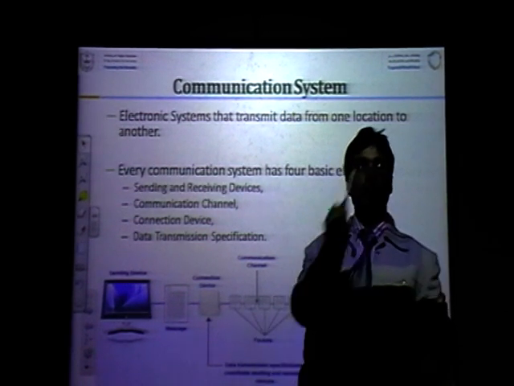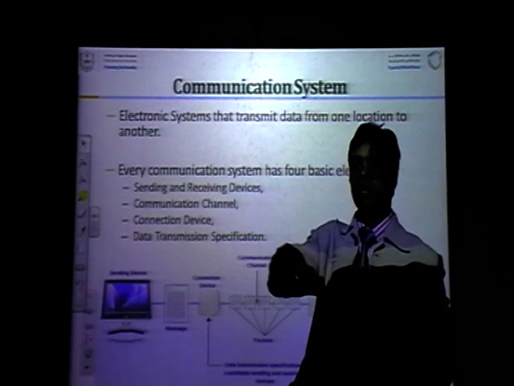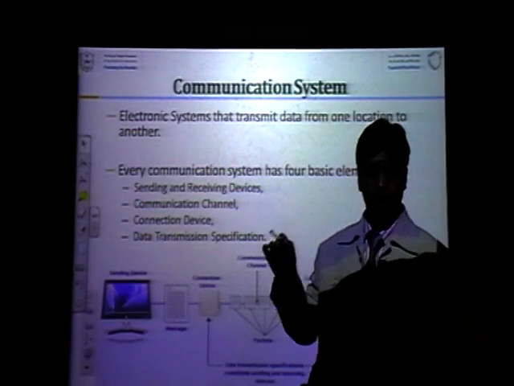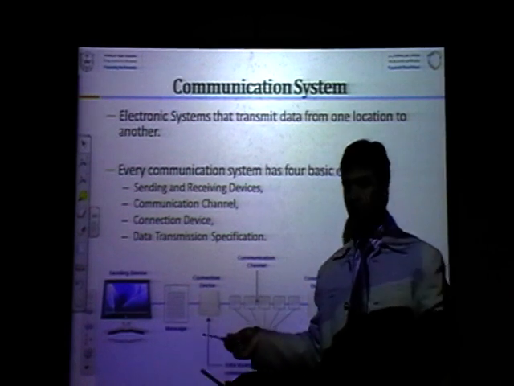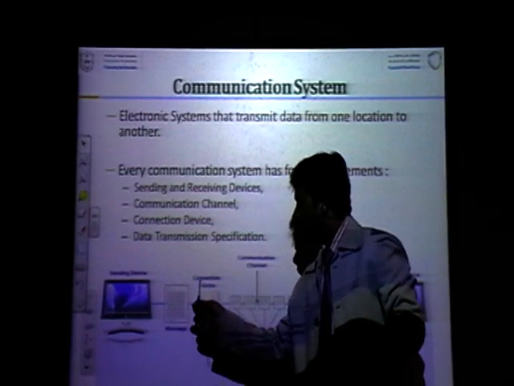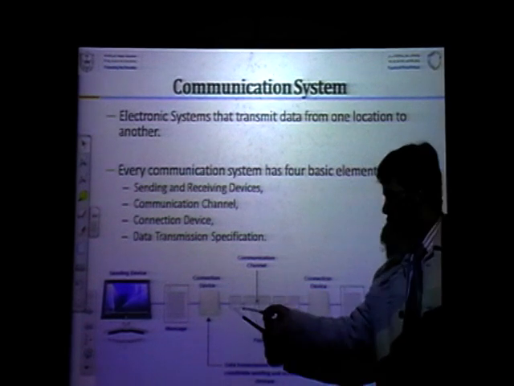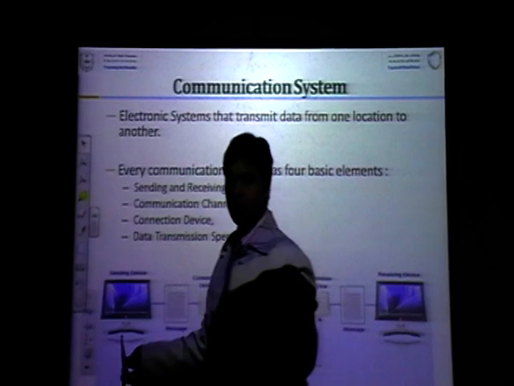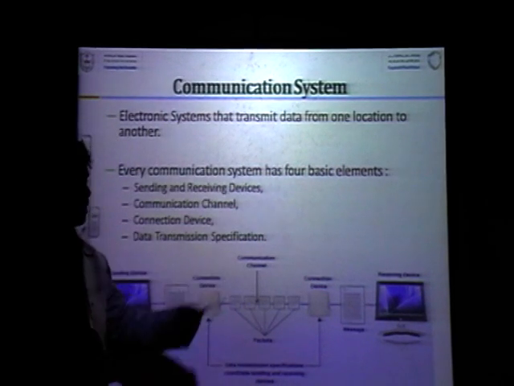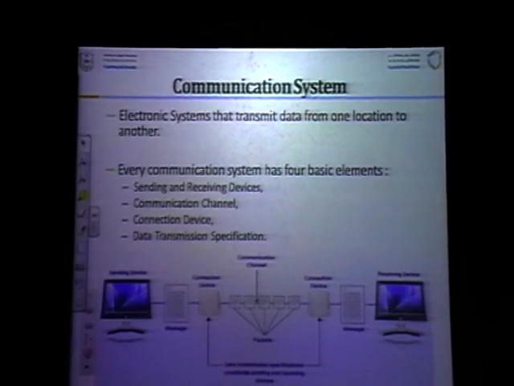From the server it will come again to the switch, from switch to this network and go to SAD's computer. It will not go directly this way. So the message will go through the communication connection device and communication channel. The person who is sending is called sender and the person who is receiving is called receiver.